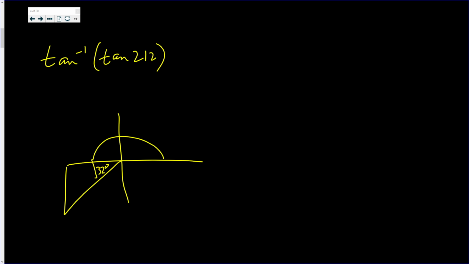But that's quadrant 3. Tan inverse is only defined in 1 and 4. Okay, so this equals some t. That means the tangent of t must equal the tangent of 212.